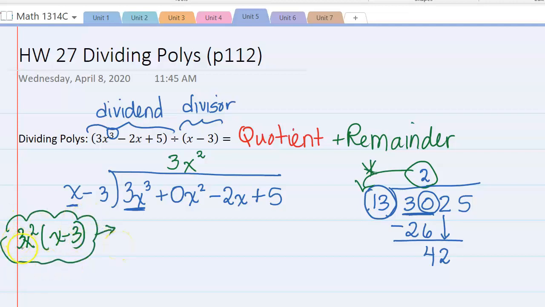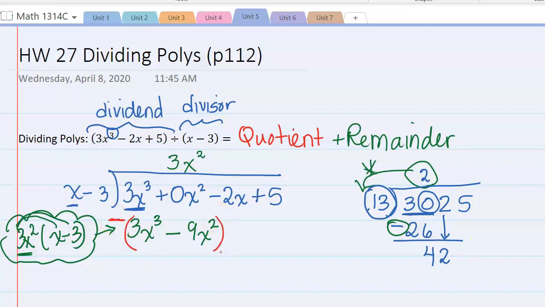So 3x squared times x is going to give me 3x cubed, which we knew. And then doing the distributive property, I'm going to get a negative 9x squared when I multiply 3x squared times a negative 3. The next thing we did here is that we subtracted the 26, so we're going to do the same thing. We're going to subtract all of this.